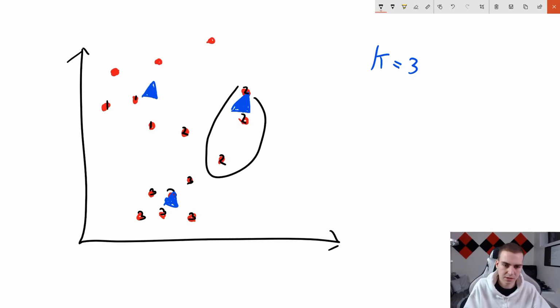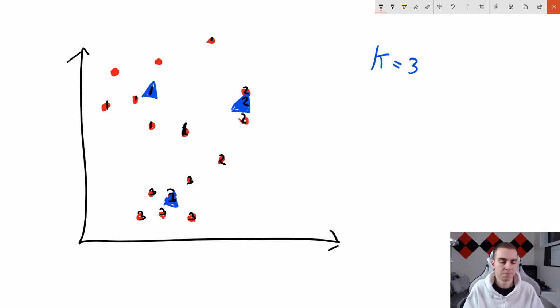So these can stay in the same cluster. Maybe this one actually here gets changed to 1 now because it's closest to centroid 1. And we just reassign all these points. Maybe this one, if it was 2 before, is now 1, and we just reassign them.